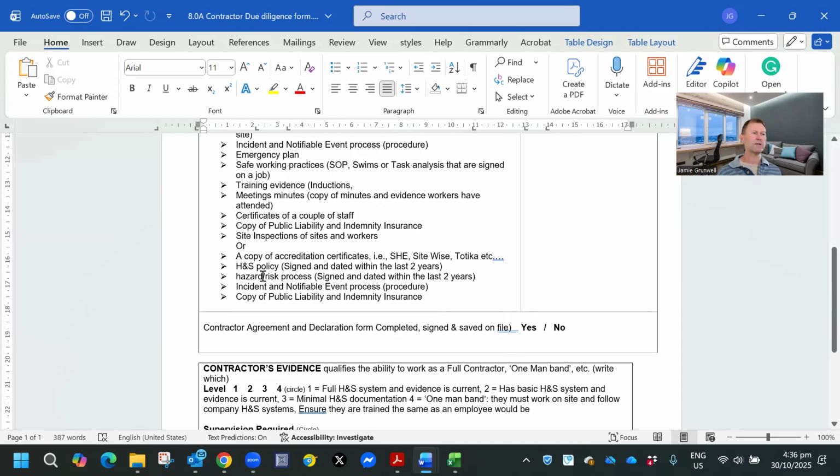But I still want to see a copy of their signed health and safety policy, a hazard risk process, an incident notifiable event procedure, and a copy of their insurances.